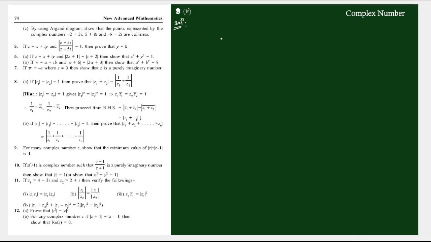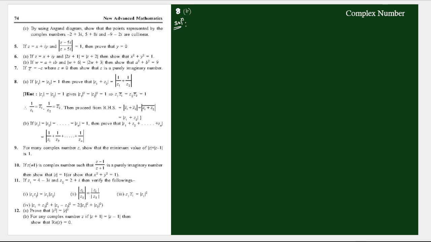Modulus of z1 equal to modulus of z2 up to modulus of zn is 1. Then we need to prove that 1 by z1 and so on. It is the same as question number A. I think you try number B. If you can't, then I will help you.